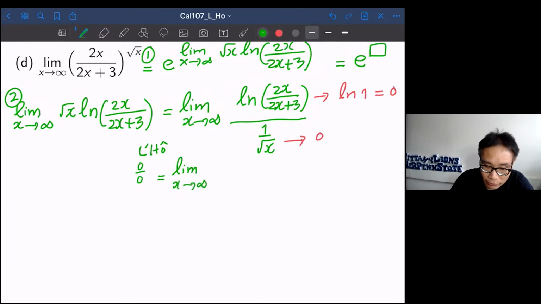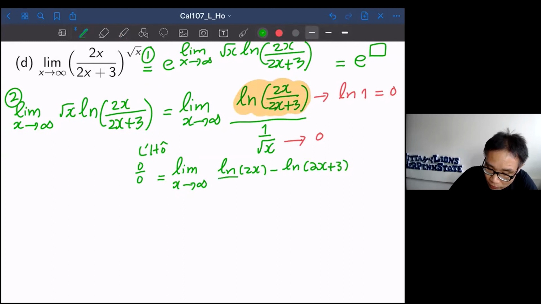So you're going to expand the top one into log of 2x minus log of 2x plus 3, over 1 over root x.